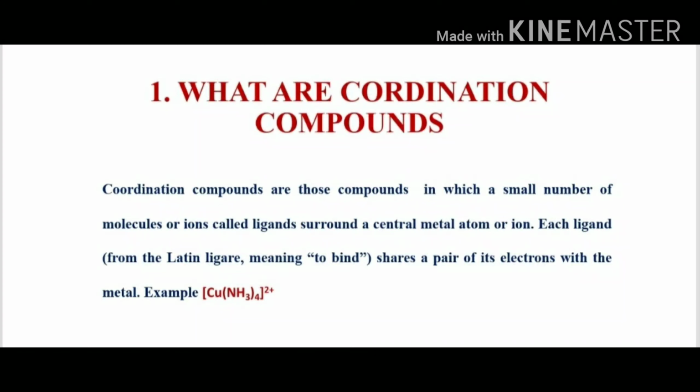They also have empty orbitals, especially the 3d block transition metals, whose d orbitals are empty. So they will easily accept the donated electrons in these orbitals. This is the formation of the coordination compounds.